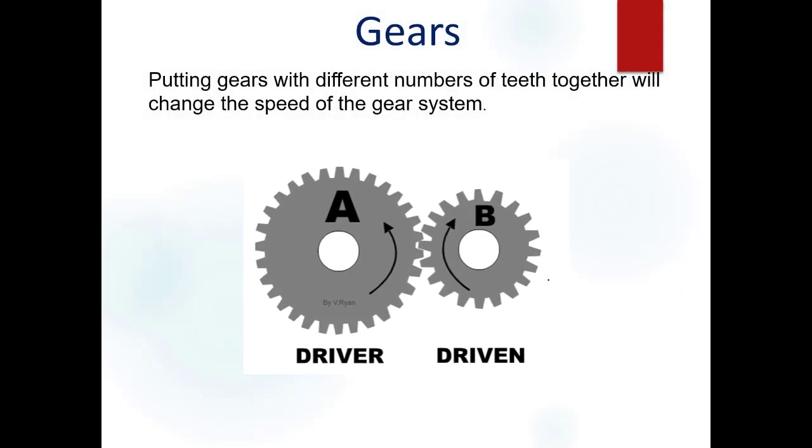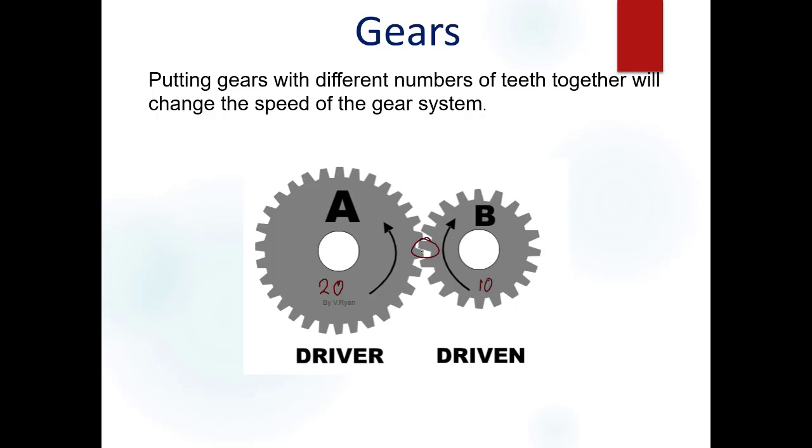So, putting gears with different numbers of teeth together will result in a change of speed of the gear system. And it makes sense when you think about it. For example, if I look at this point just here, and let's say gear A has 20 teeth, gear B has 10 teeth.